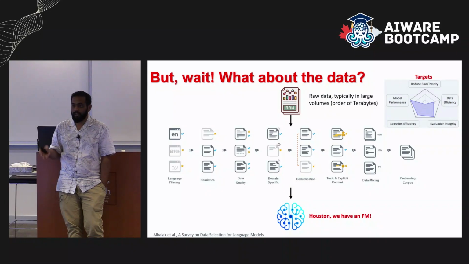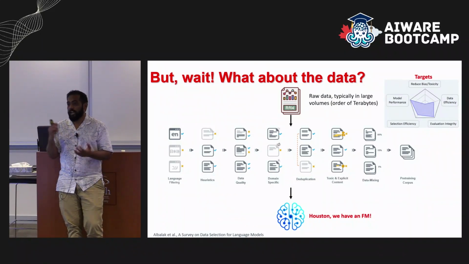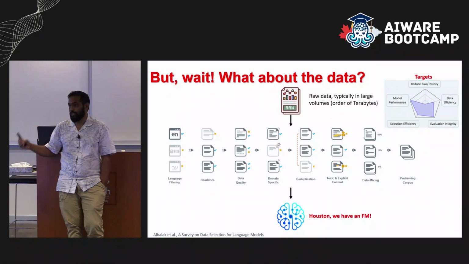It's filtered for the right mix of languages. Lots of heuristic-based filtering is typically applied, along with data quality measures like the information density of the data, stop word removal, making sure the right mix of domains is present, data deduplication, and removing all or most toxic content.